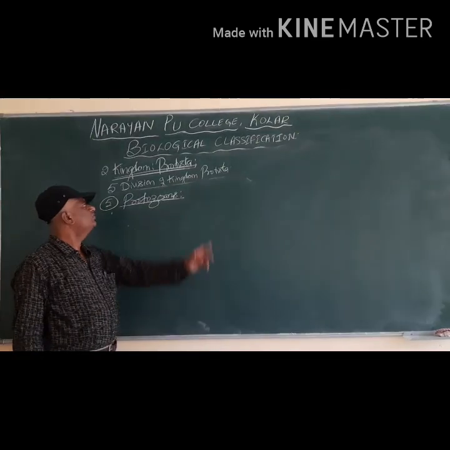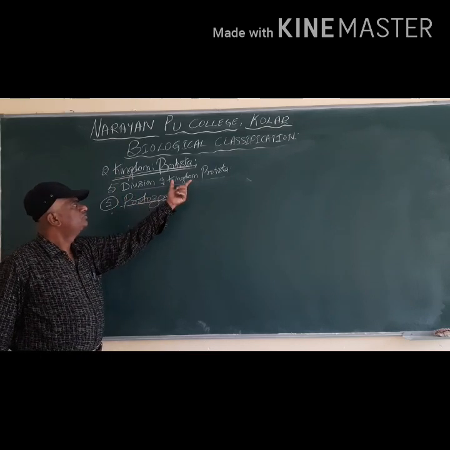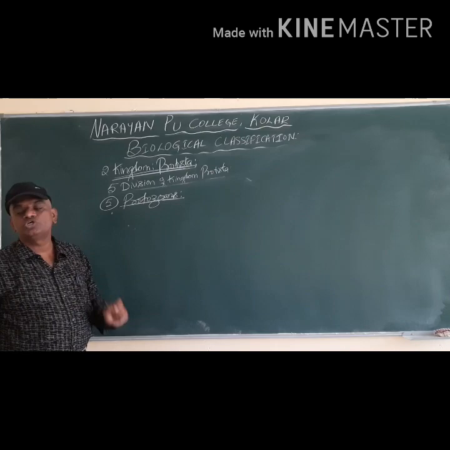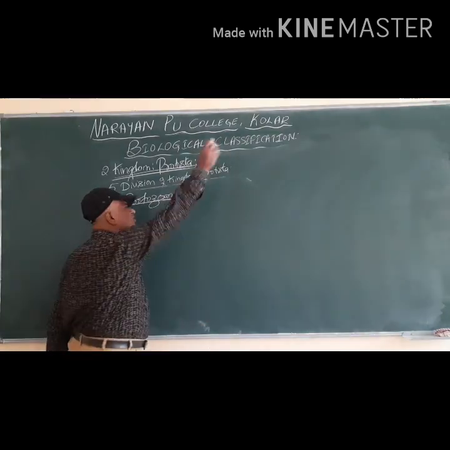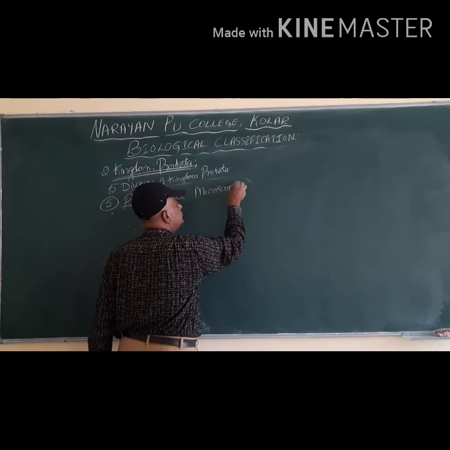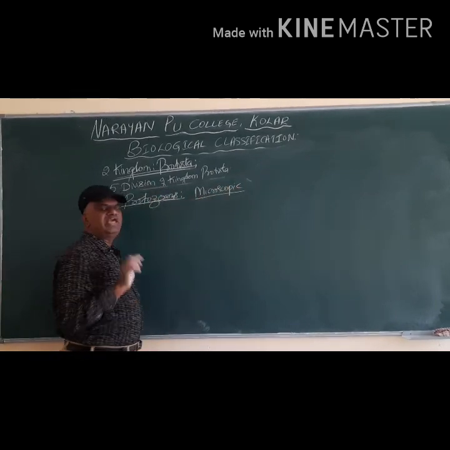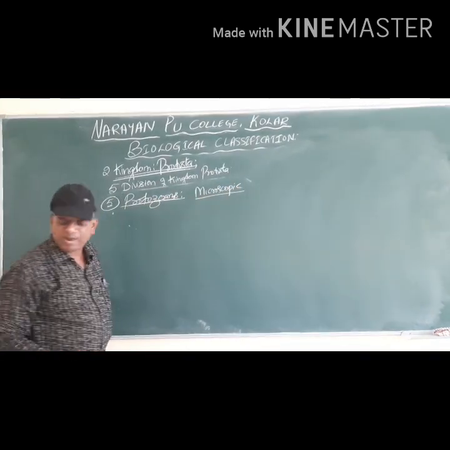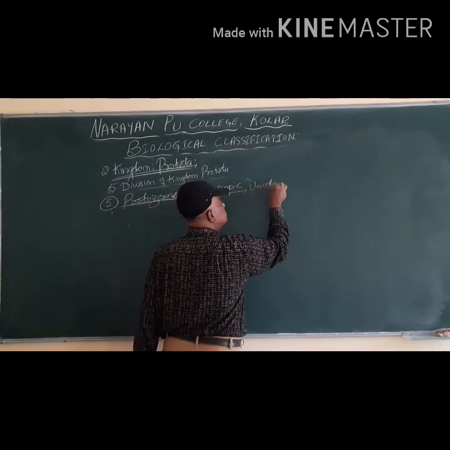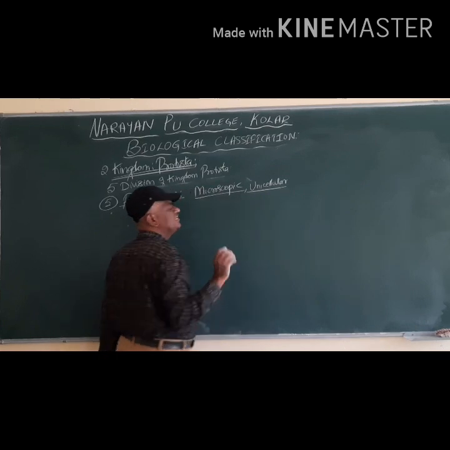So we go for the next division under kingdom Protista, which is protozoans. We know that all protozoans are microscopic, meaning they can be seen only under the microscope, and they are unicellular, made up of a single cell.